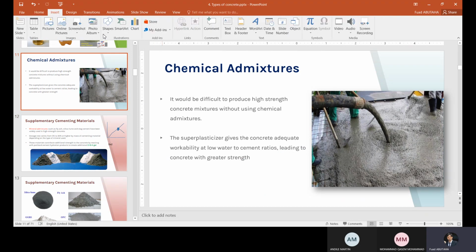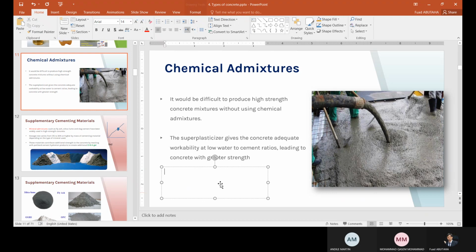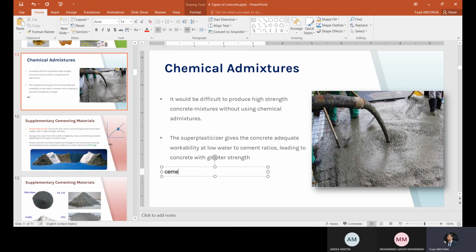When the cement reacts with water, I have cement plus water, it gives us calcium silicate hydrate plus calcium hydroxide.